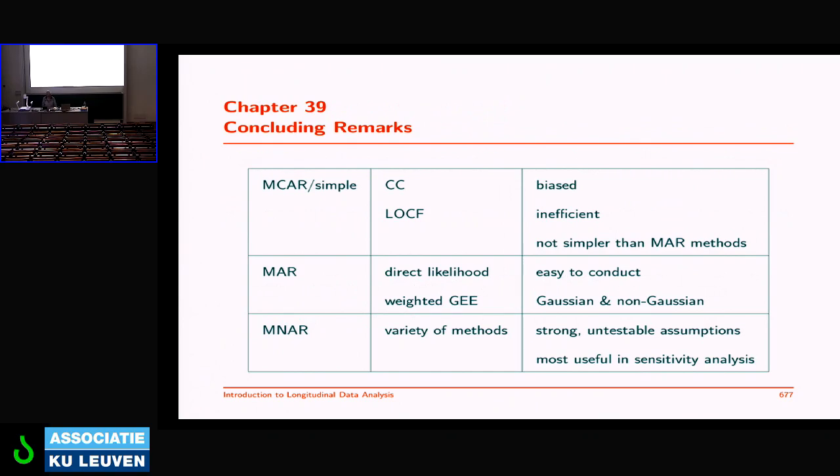but in the previous part, and these are really the overall concluding remarks, we said the simple methods, CC, LOCF, single imputation, they're biased, they're inefficient, a combination of the two, and belong in a museum of statistical science. That's where they belong.